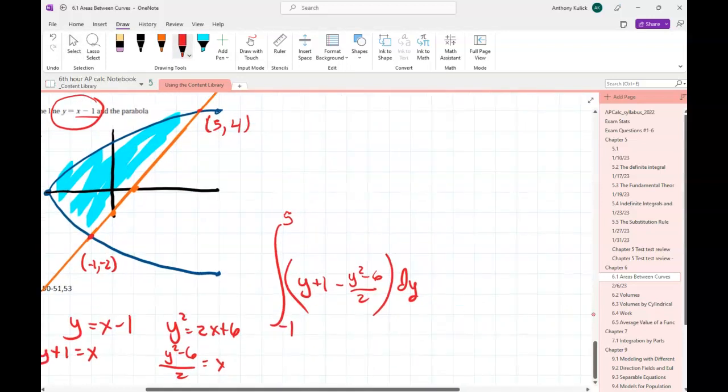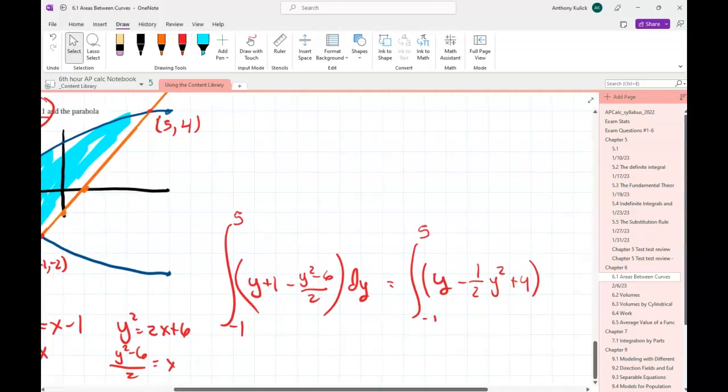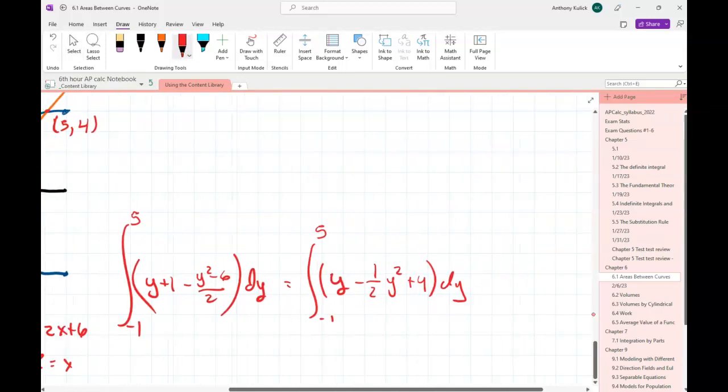And then it's just like any other integration problem. We've done a bunch of these. Let's see. If I simplify this down, I'm going to end up with minus 1/2 y squared plus y plus 4 dy.